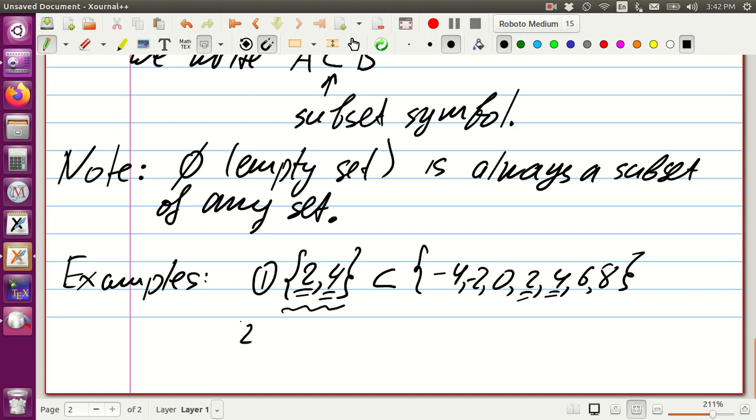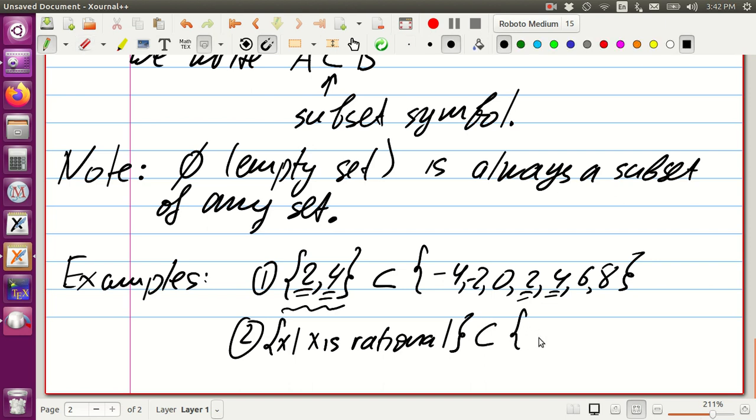And example number 2, if we take all x such that x is a rational number, it's going to be a subset of the set of all x such that x is a real number.